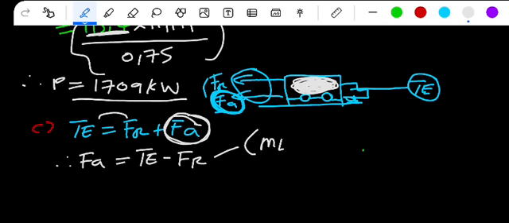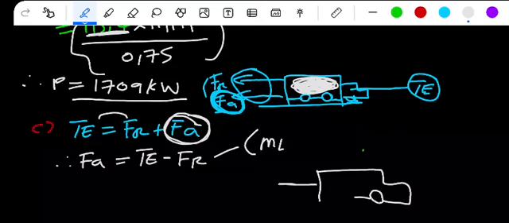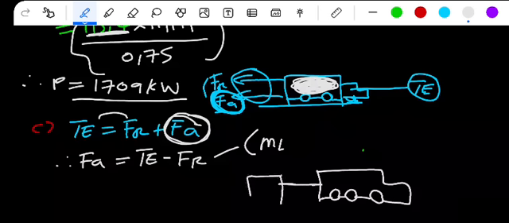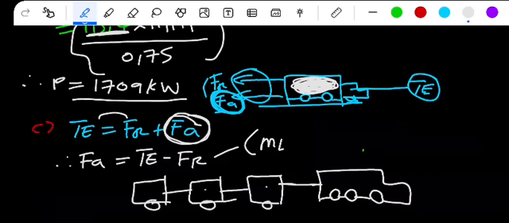If you are given something like this, you must understand these things. Now these are trailers, like you see those trailers, some of them carrying coils. We call these tracks, but this is a locomotive.